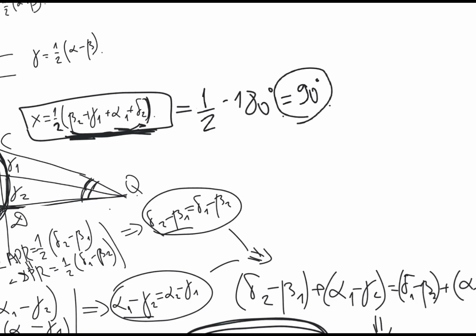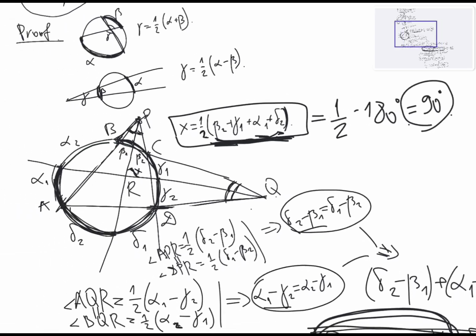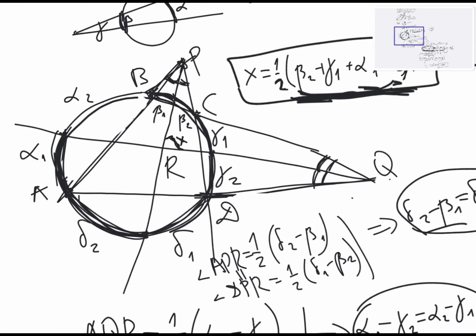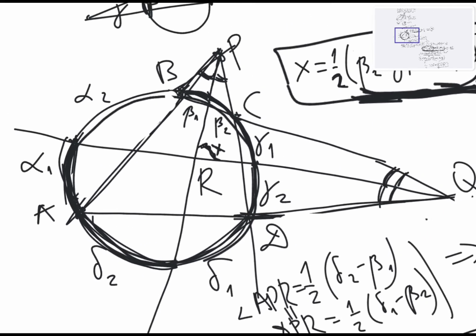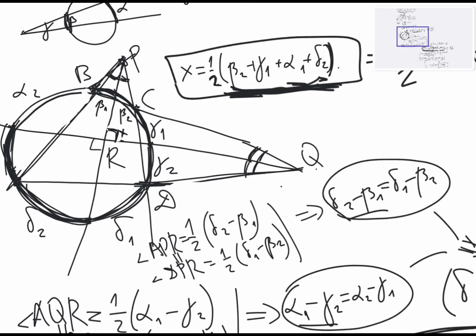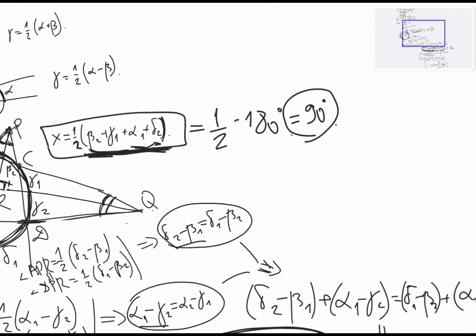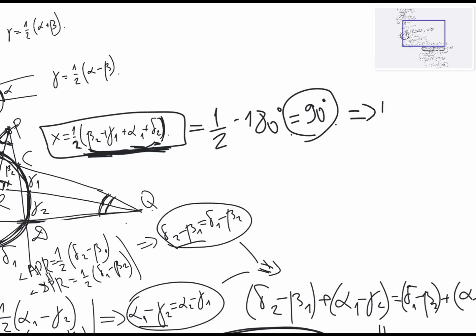So x is equal to 90 degrees. So this angle x here is equal to 90 degrees. So this is a right angle. This means that PR is perpendicular to QR. And this concludes the proof.